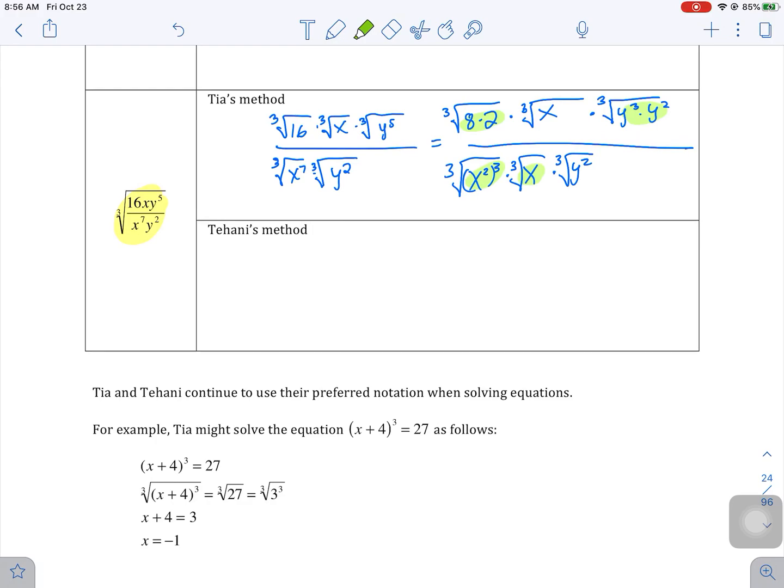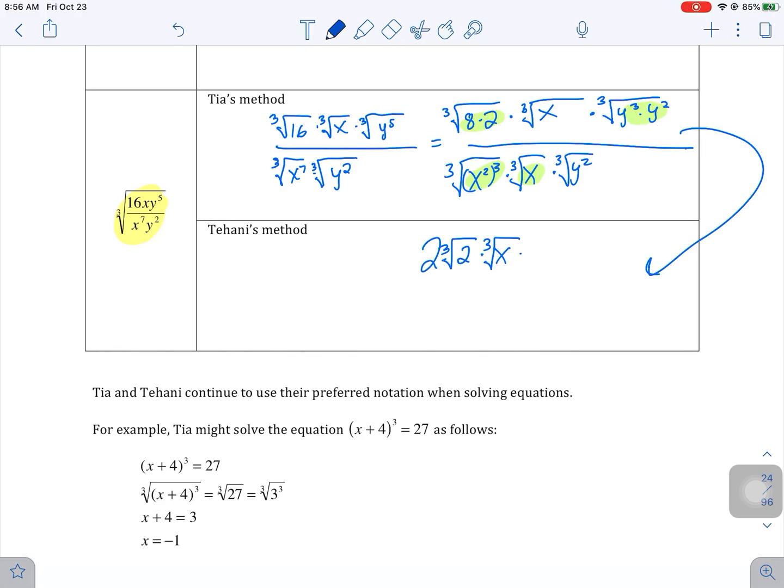So then we see there are some cubes here. 2 cubed is 8. So let me do that down below. Cube root of 8 is 2 times the cube root of 2 times the cube root of x.